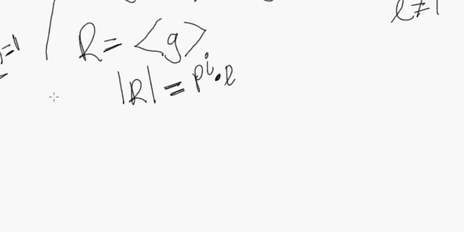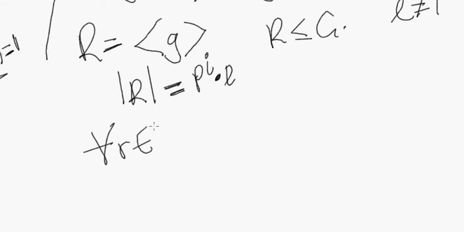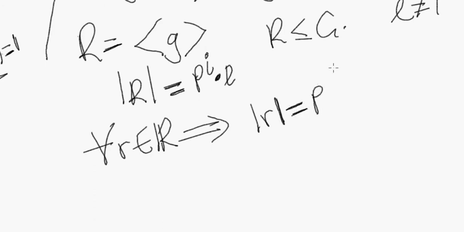And now, if we look at this subgroup R of G, one thing we know has to be the case is that for all little r in R, the order of r equals p to the j times some k, where k divides l, and k is not just the identity element.